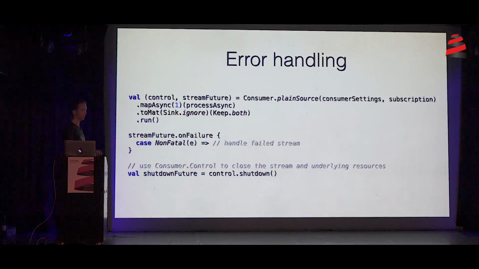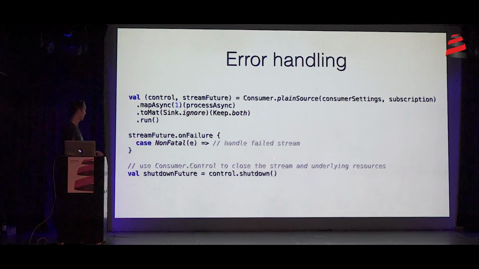And one of the recurring questions is, what should we do here? How should I handle a failing stream? What does it mean that the stream failed? So in case of Reactive Kafka, it usually means that it internally tried many times to connect and couldn't for some reason.